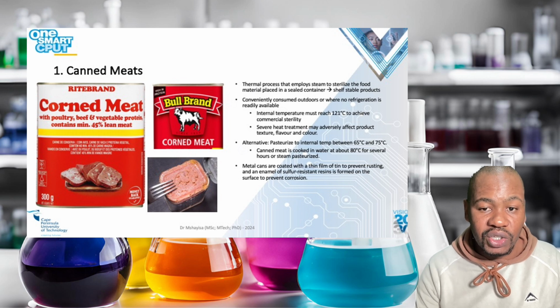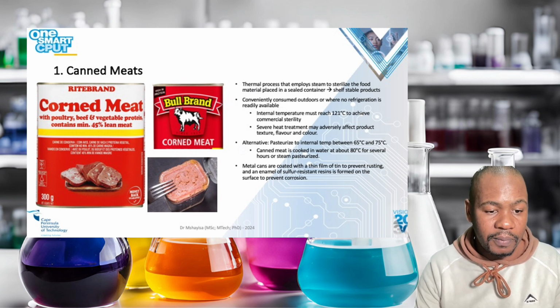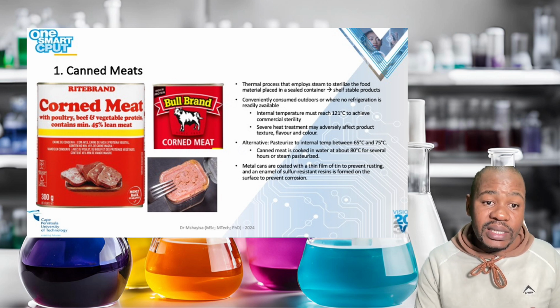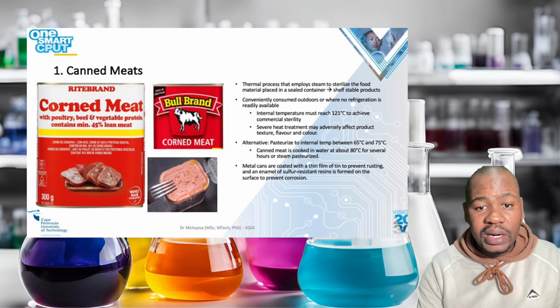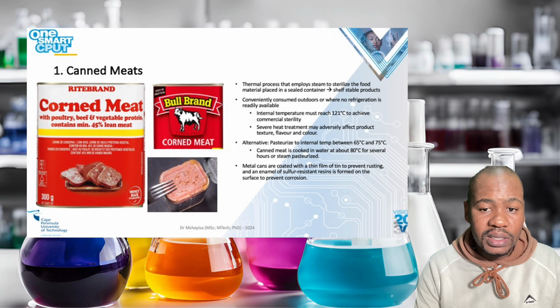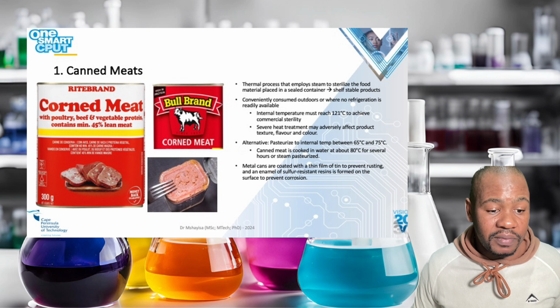So this ensures that we make the food safe for human consumption. However, such intense heat treatment at 121 degrees Celsius, such a severe heat treatment, may adversely affect the product texture, the flavor, and the color. So what is the alternative?